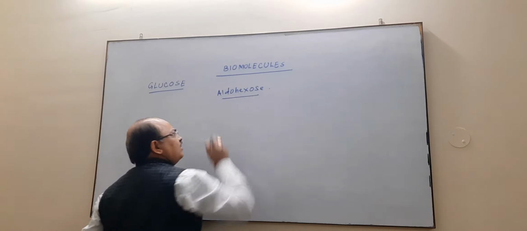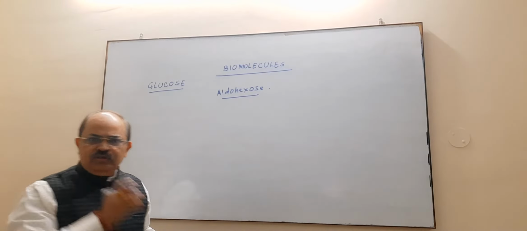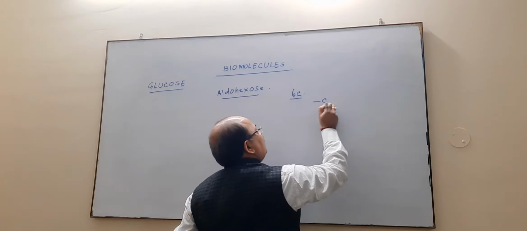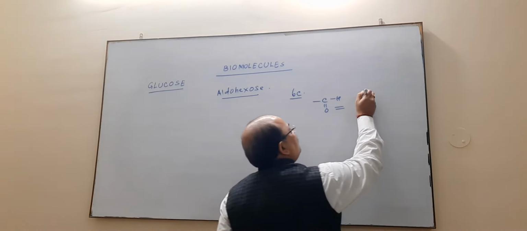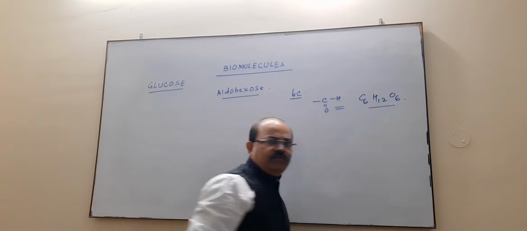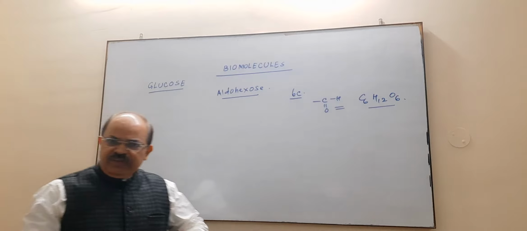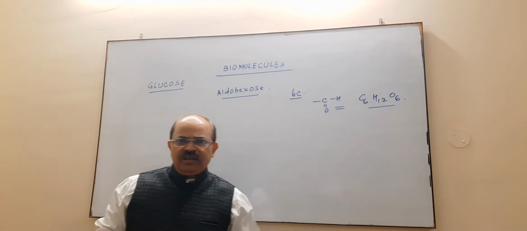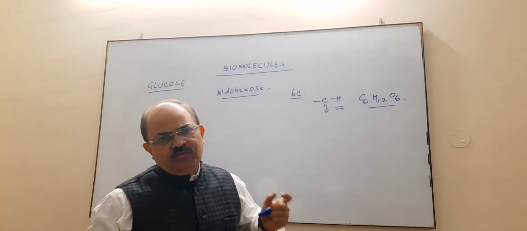Aldohexose means it is an aldehydic sugar with 6 carbons, having molecular formula C6H12O6. Glucose is present in the free state in nature as well as in the combined form.